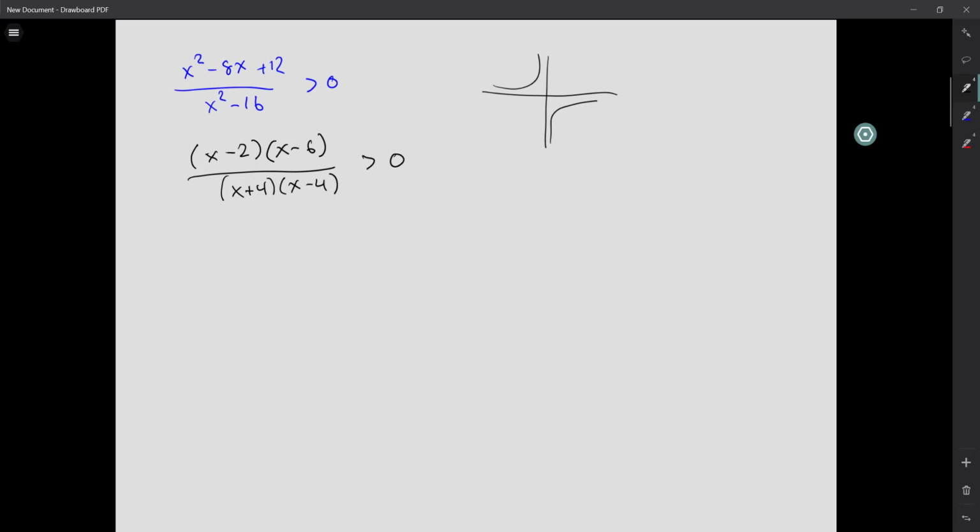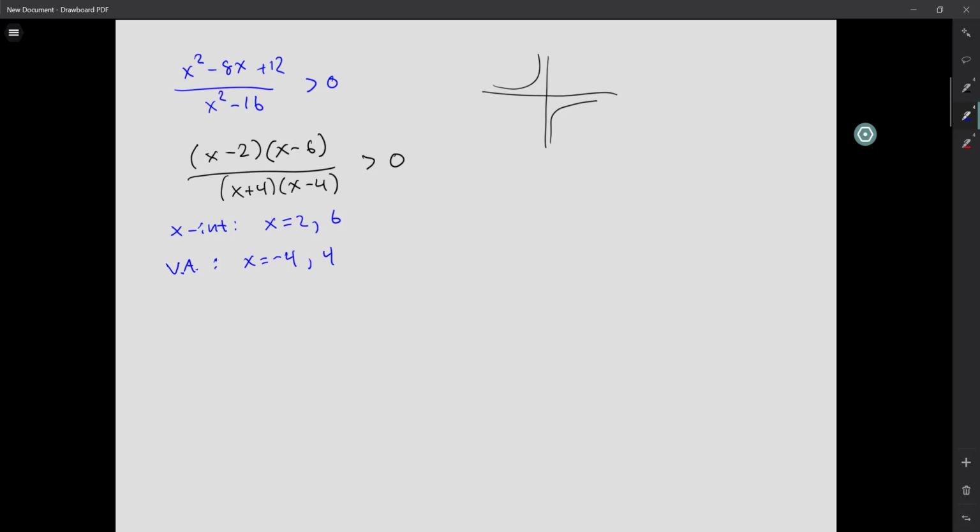I'm looking for when the graph is specifically above 0. So let's list these. We've got x-intercepts from the top, they are x equal to 2 and 6. And I have vertical asymptotes at x equal to -4 and 4. So these here are all of my points of interest.